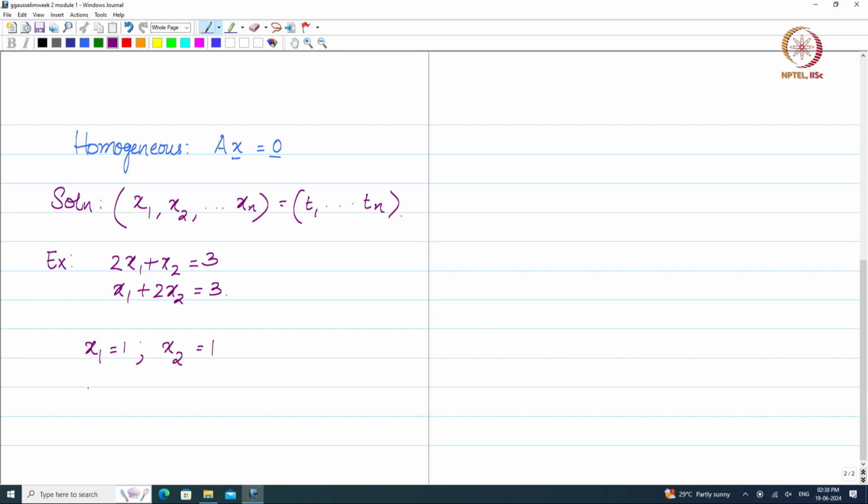Plugging these values of x1 is equal to 1 and x2 is equal to 1 in the above set of equations, we see the equations are satisfied. Note, any and every system of linear equations has either 0, 1 or infinitely many solutions, and there are no other possibilities.